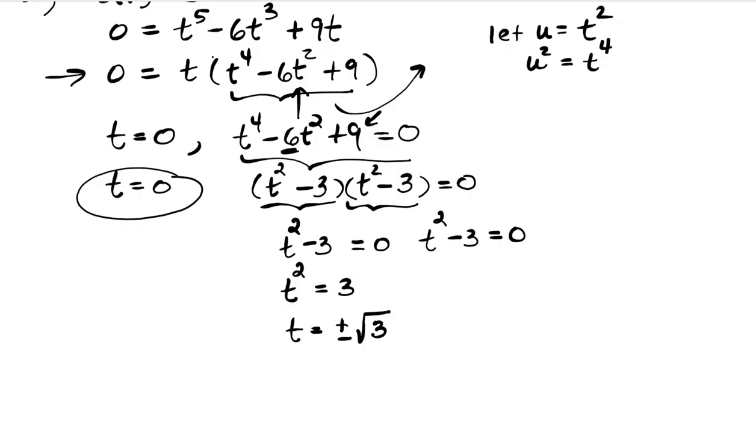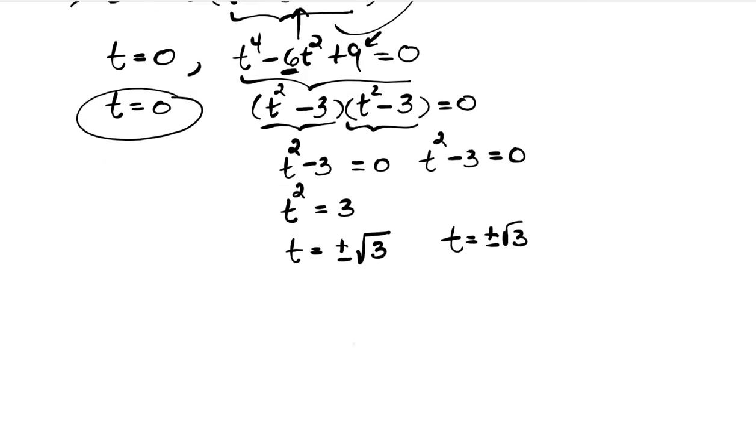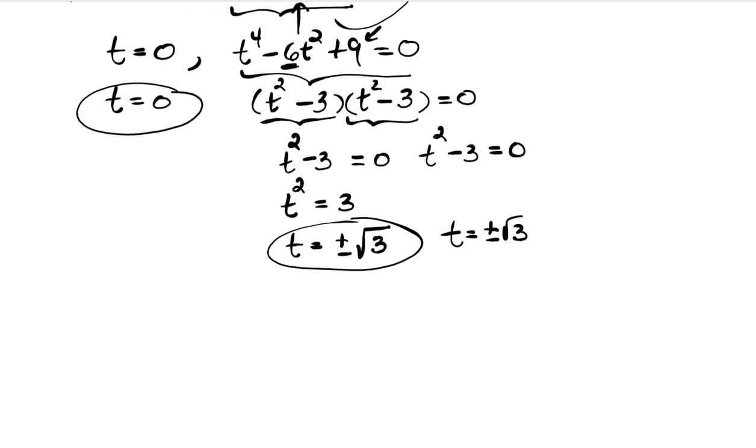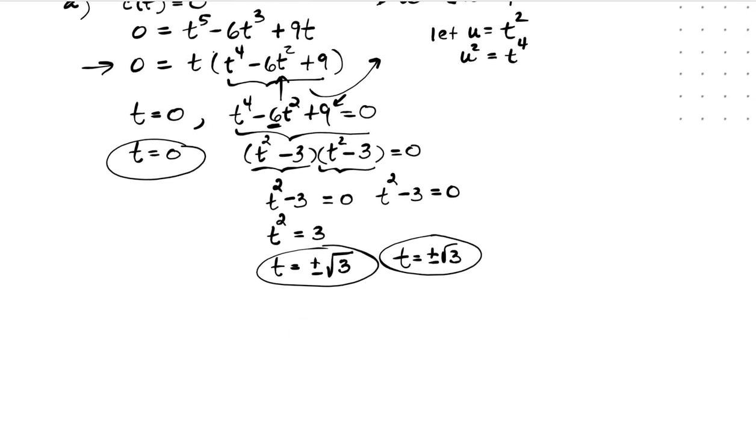So here we have two solutions for t. This statement is identical to the previous one, and so we're going to end up with the same two solutions. T is equal to plus or minus root 3 as well. Now we have altogether 5 solutions, 2 of which are not unique. They have multiplicity of 2.